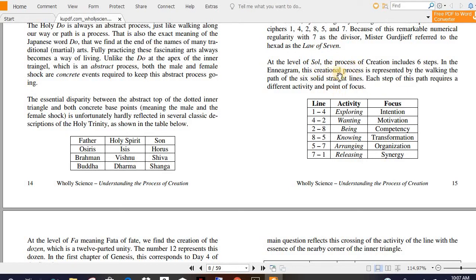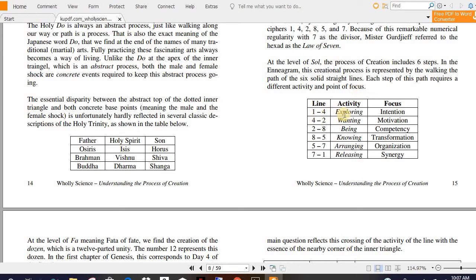I already read this. Right. In the enneagram, the creational process is represented by walking the path of the 6 solid straight lines. Each step of this path requires a different activity and point of focus.